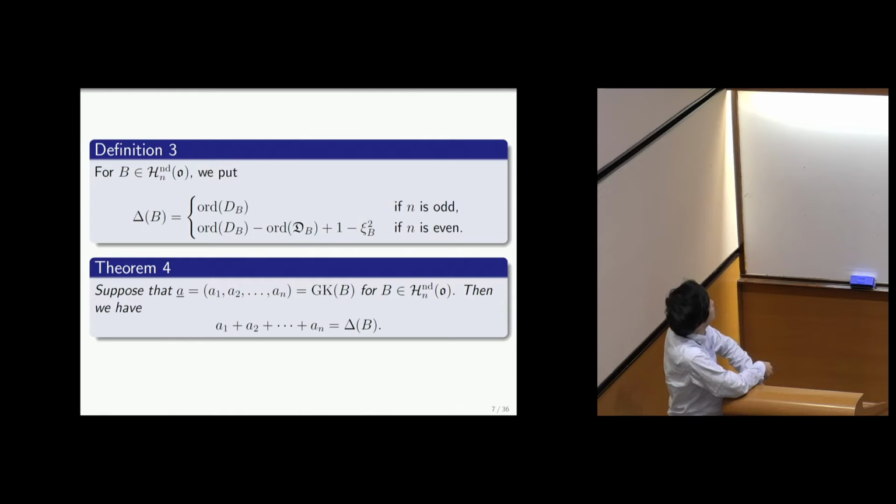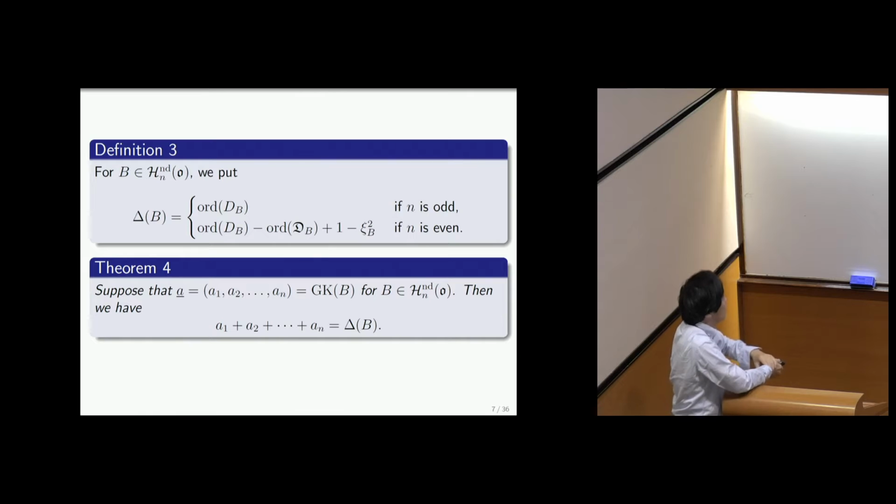Now we define another invariant, δ(B). If B is a half-integral symmetric matrix, we put δ(B) as the order of d_B if n is odd, and the order of d_B minus the order of 𝔡_B plus 1 minus ξ_B squared if n is even.